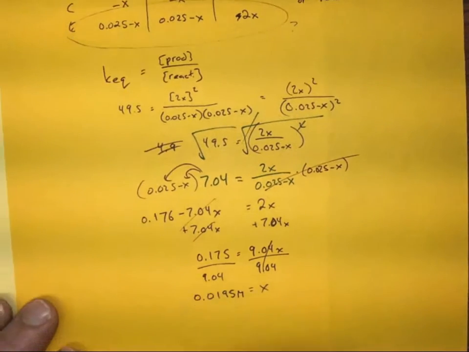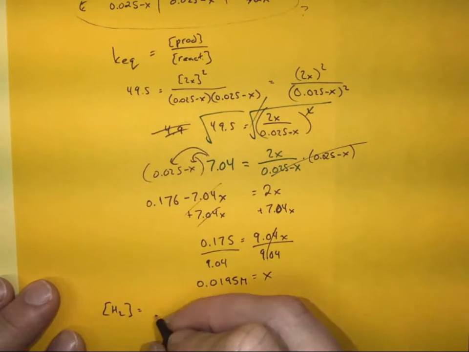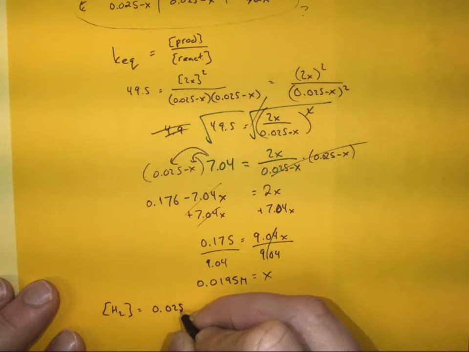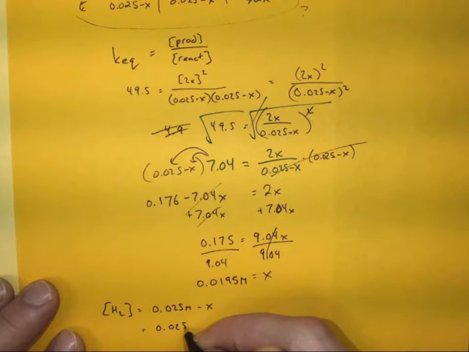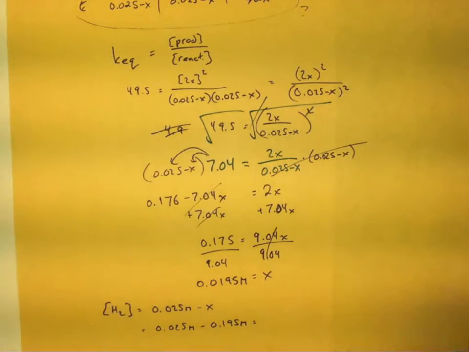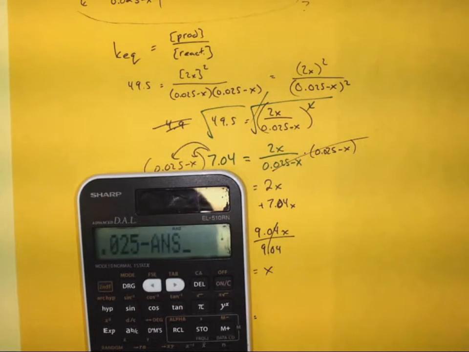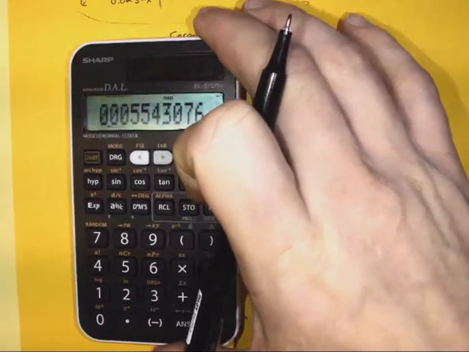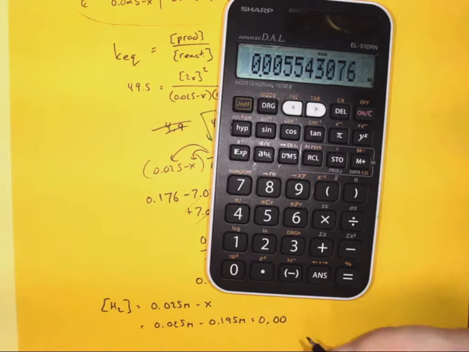Okay, so my concentration of hydrogen gas is going to be equal to 0.025 molar take away X, which is 0.025 molar take away 0.0195 molar, which is equal to 0.00554.